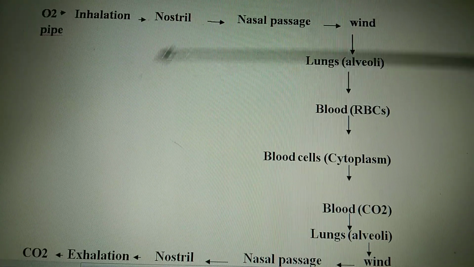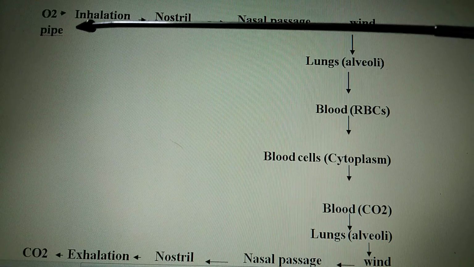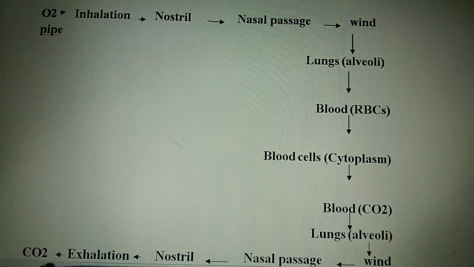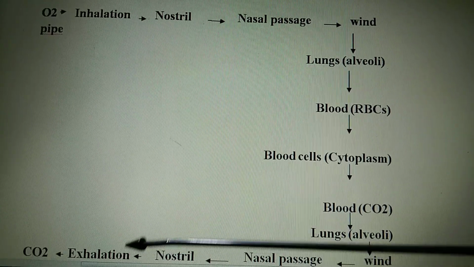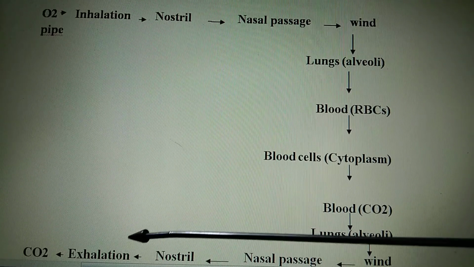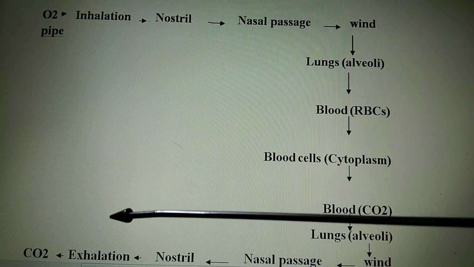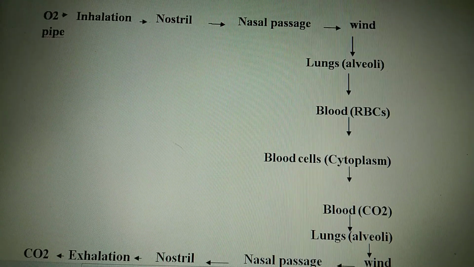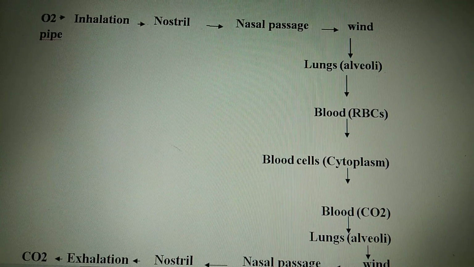So this is the process of breathing, where oxygen is inhaled by the nostril and carbon dioxide is exhaled out into the atmosphere. This process of breathing is entirely different from respiration.